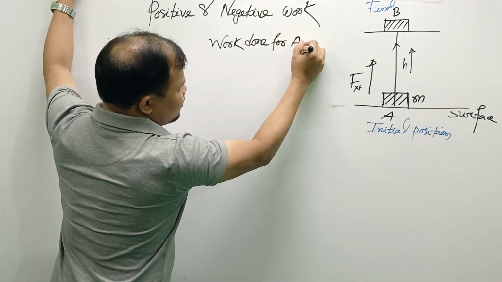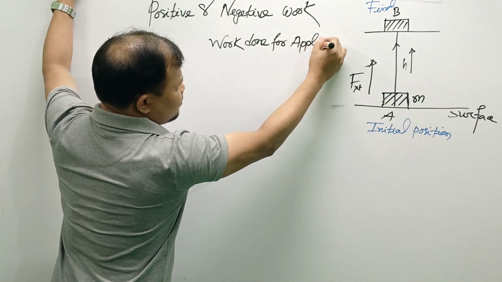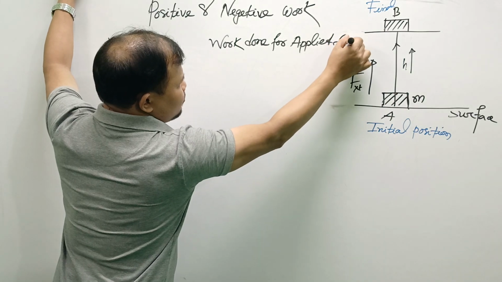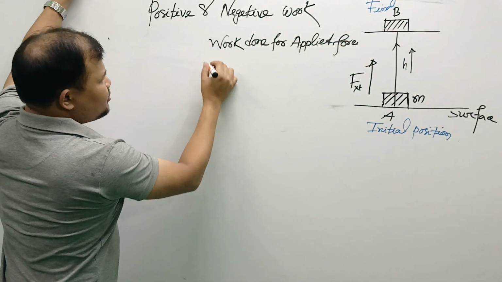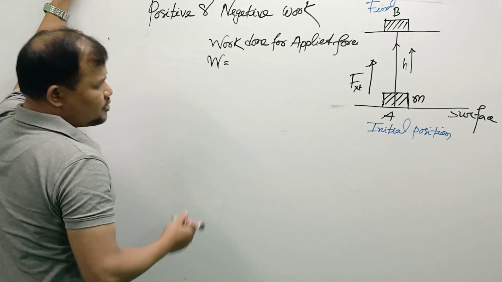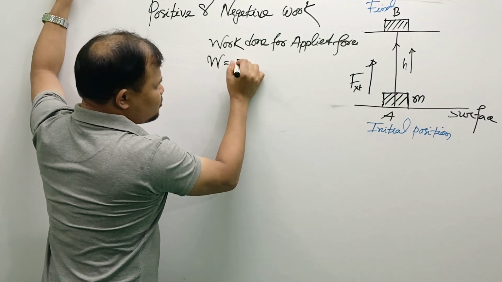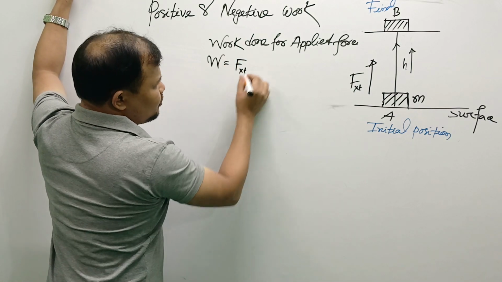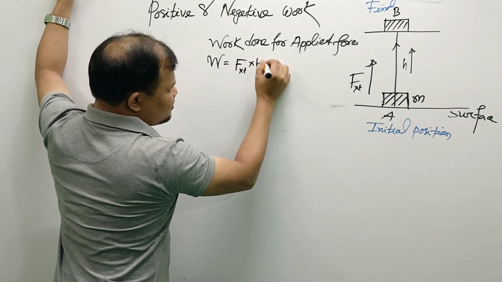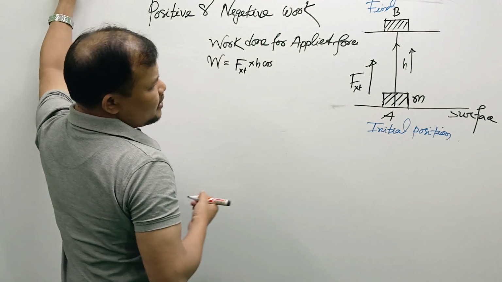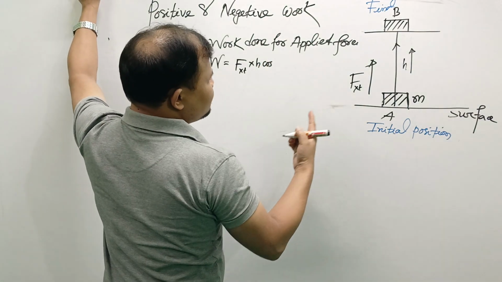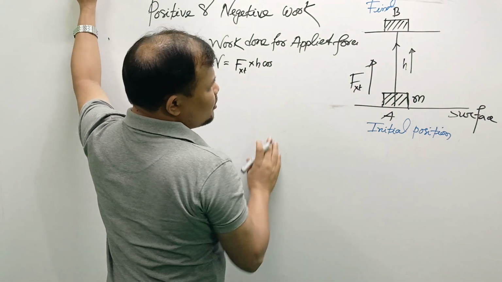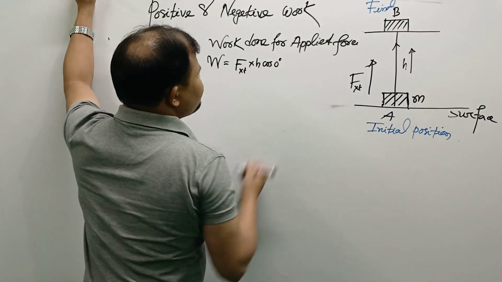My dear students, we put the value of the external force and the displacement is h, and the angle between the displacement and applied force is the same, so we put 0 degrees.